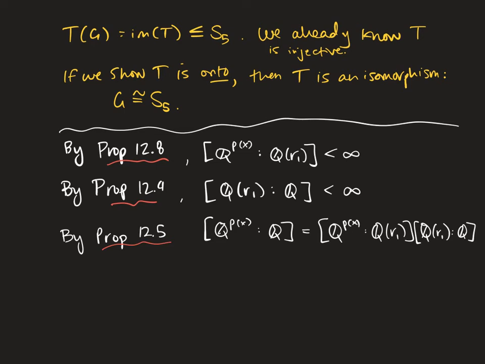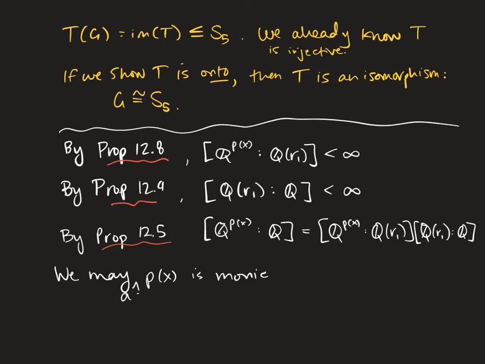Okay, let's assume that P of X is monic. We may assume P of X is monic just by dividing through by the leading coefficient and worrying about it later.